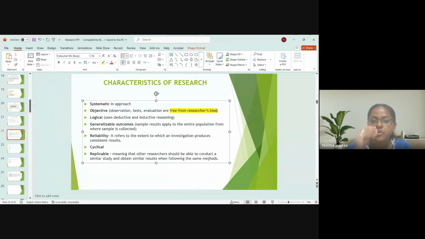When the same research is copied in certain circumstances, certain scenarios, it should give the same result again. It should not give a different result. For example, the vaccine that we have tested for corona, if that vaccine gives a different result in a different country, that means it is not proper research in that case.